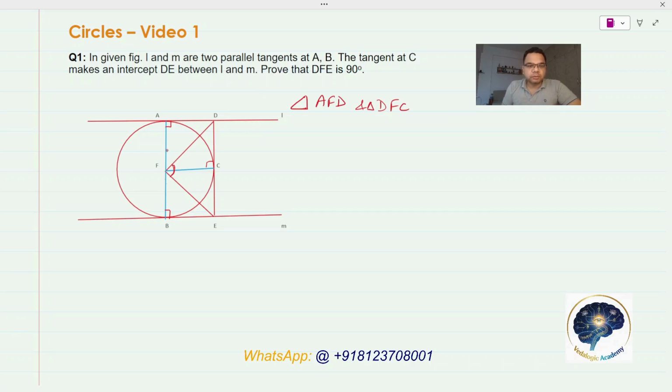Okay. So this point D is sending two tangents DA and DC. If you see here, so therefore we know that tangents coming from the same point, two tangents coming from the same point to the circle are equal. So by this AD equals to DC, right? And AF and FC are radius, so these are also equal. Plus FD is common, right? So using these three, what you can say, this is triple S property, right? Triple S is triple S congruence. So all of these are equal.